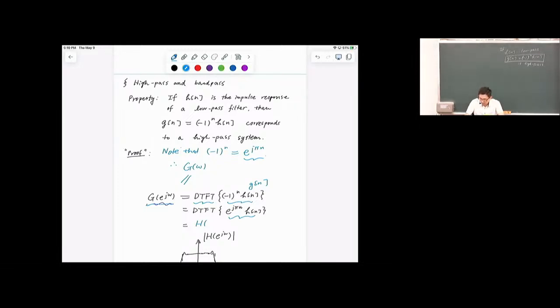No, to the left, doesn't matter. Shift by pi, minus pi, or same thing, plus pi. Why? Because any DTFT repeats itself every 2 pi. So you can shift it to the left by pi, and the result is the same as shifting to the right by pi. So that immediately changes your low pass response into a high pass response.